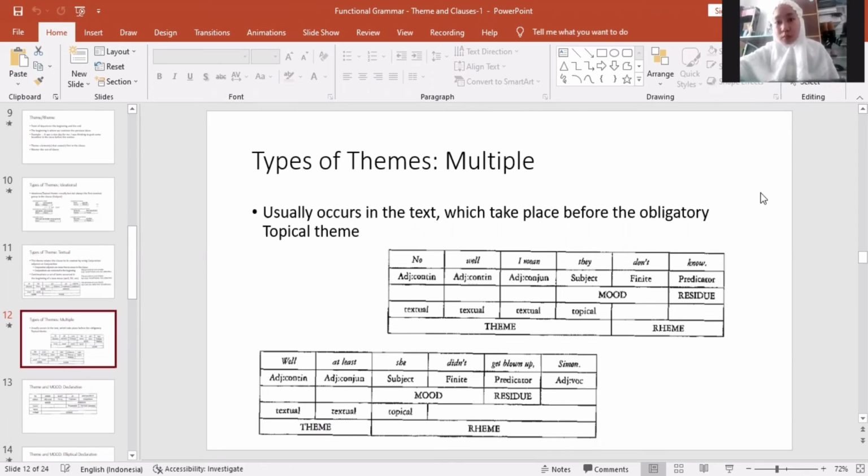So well is textual in theme, at least is textual in theme, and she is topical in theme. Next slide.